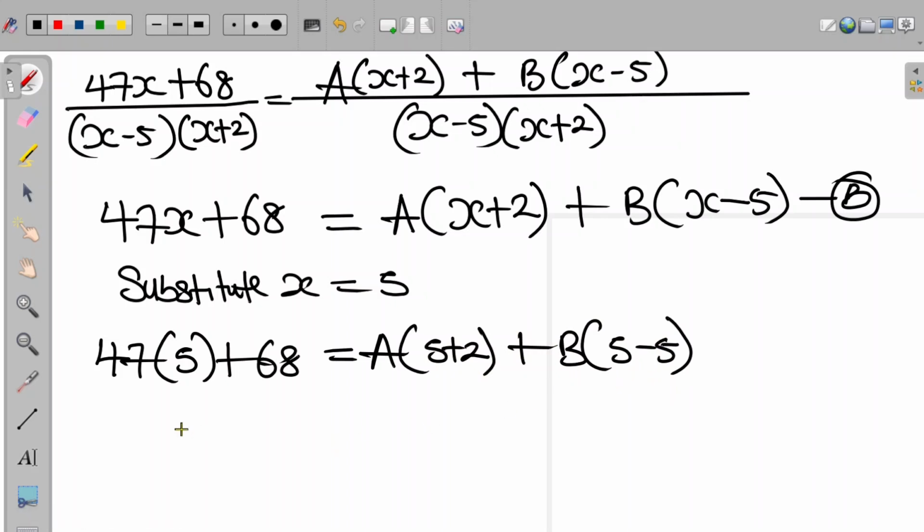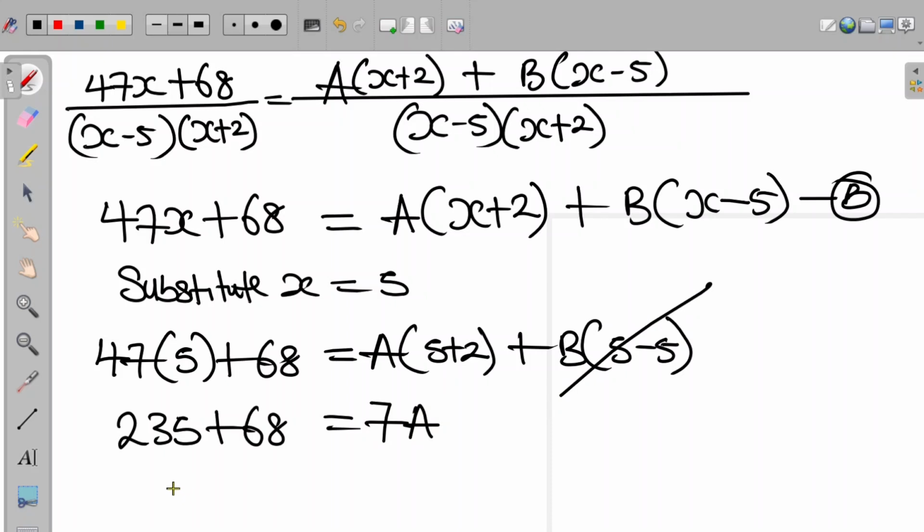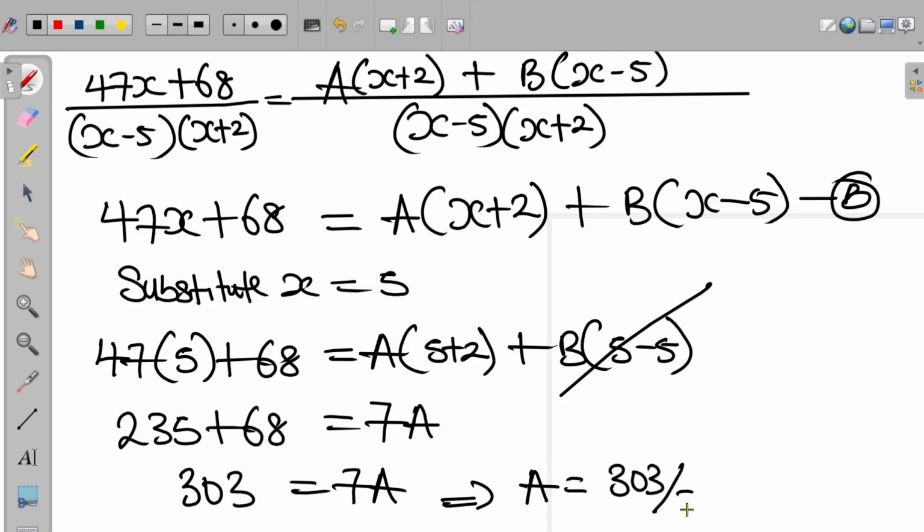So 47 times 5 is 235, plus 68, equal to 5 plus 2 is 7, 7 times a is 7a, and 5 minus 5 is 0, b times 0 is 0. So at this point, we have 303 equal to 7a. So therefore, a is equal to 303 divided by 7.